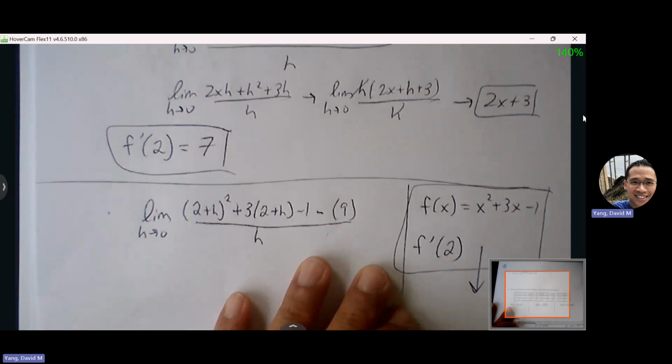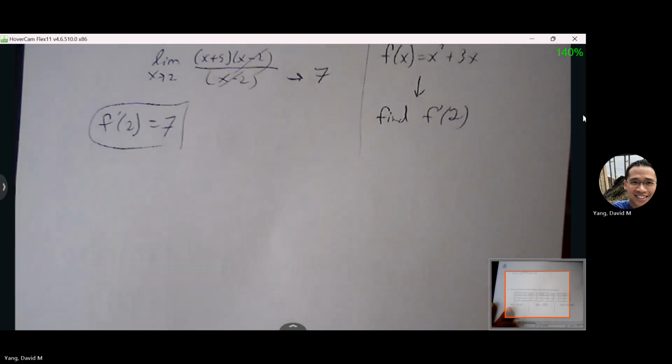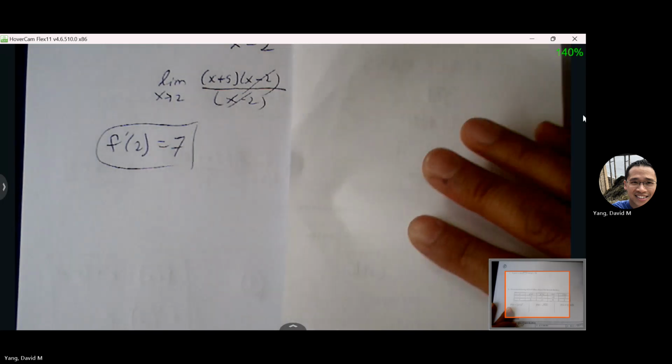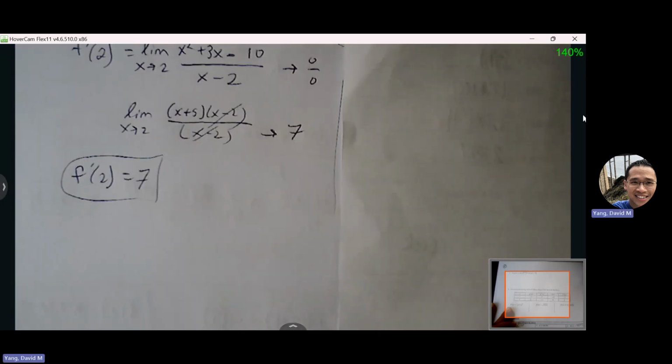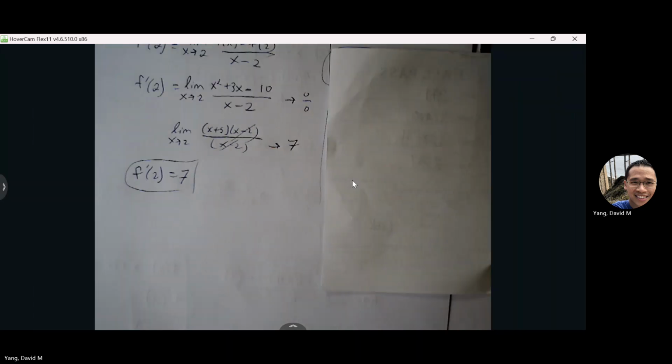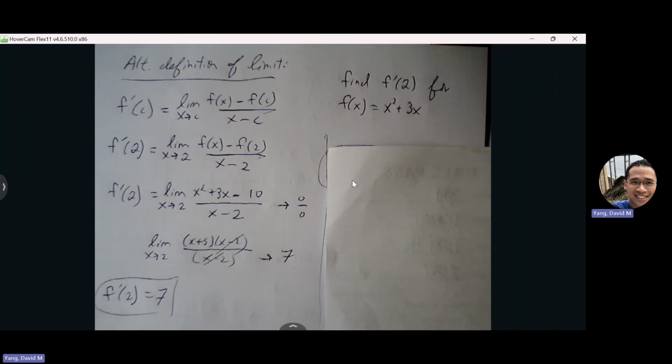Let me also go over the alternate definition. And let me do that one from scratch. We also need to memorize the limit definition for the alternate definition.